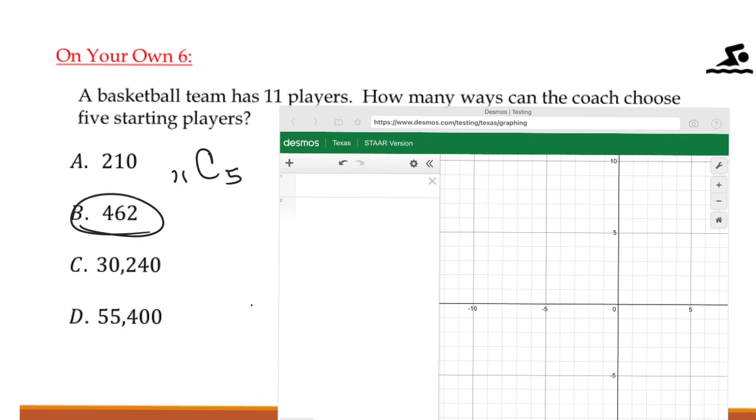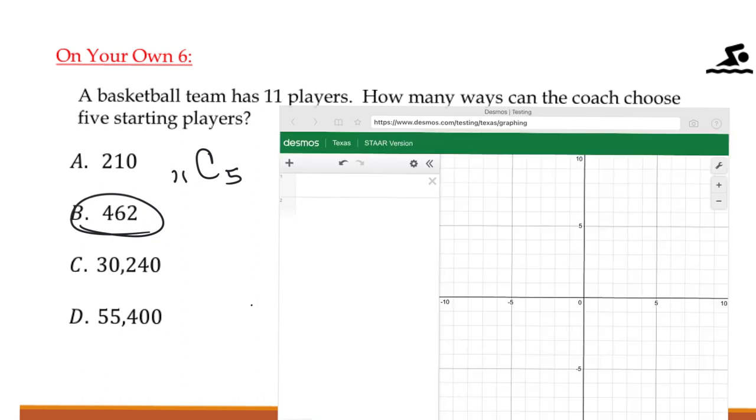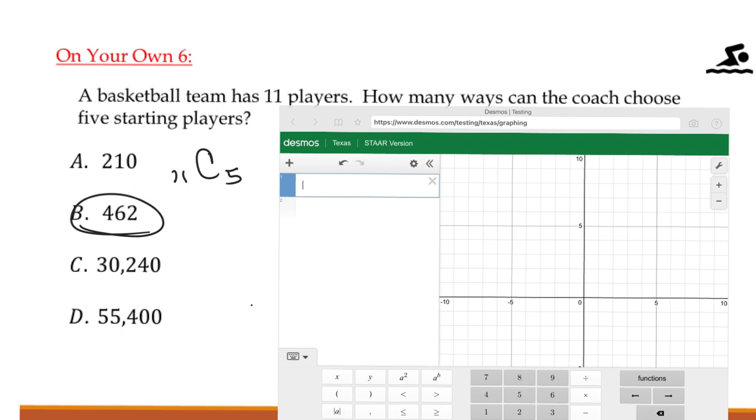We're going to go to Desmos, and we're going to type into Desmos. Go to Functions all the way to the bottom and choose nCr. We have 11 players, comma, 5, and we find that there are 462 ways that this coach can choose 5 starters.